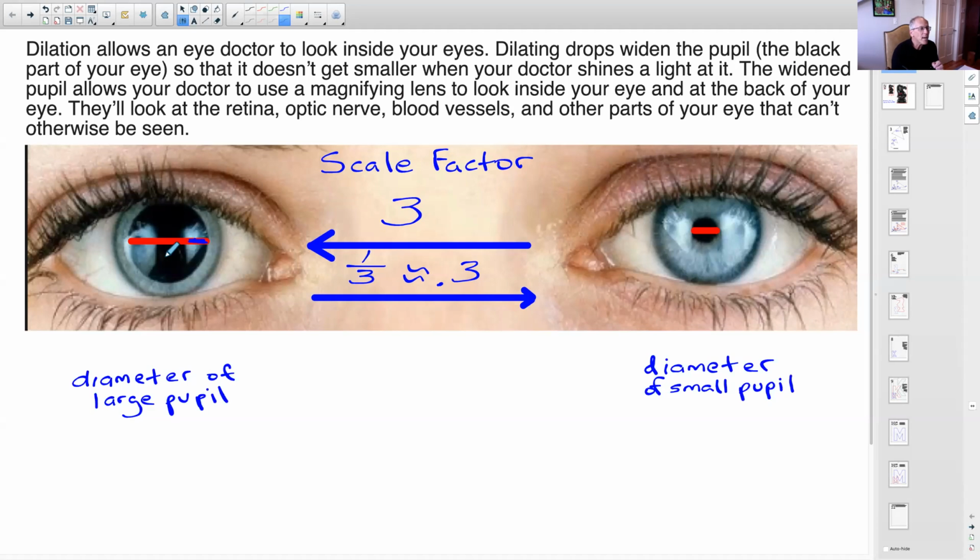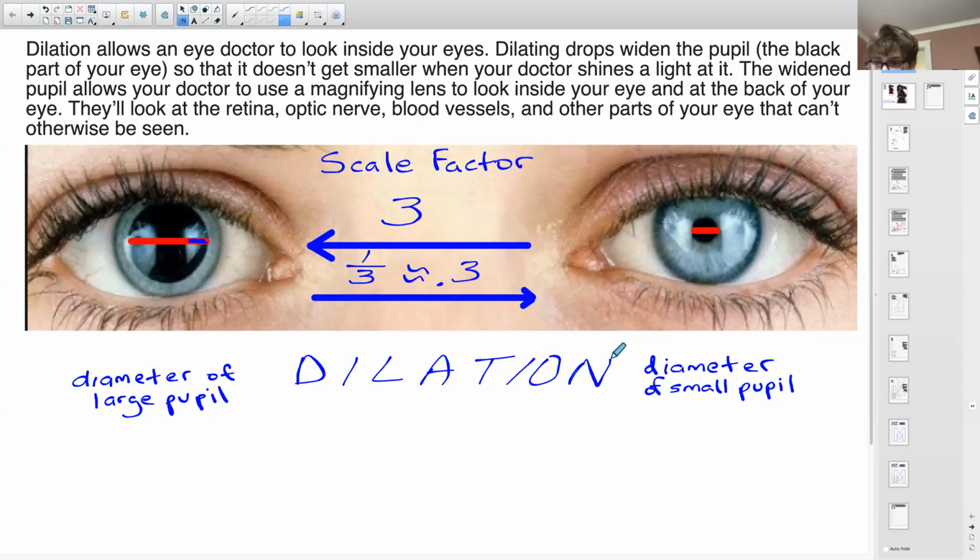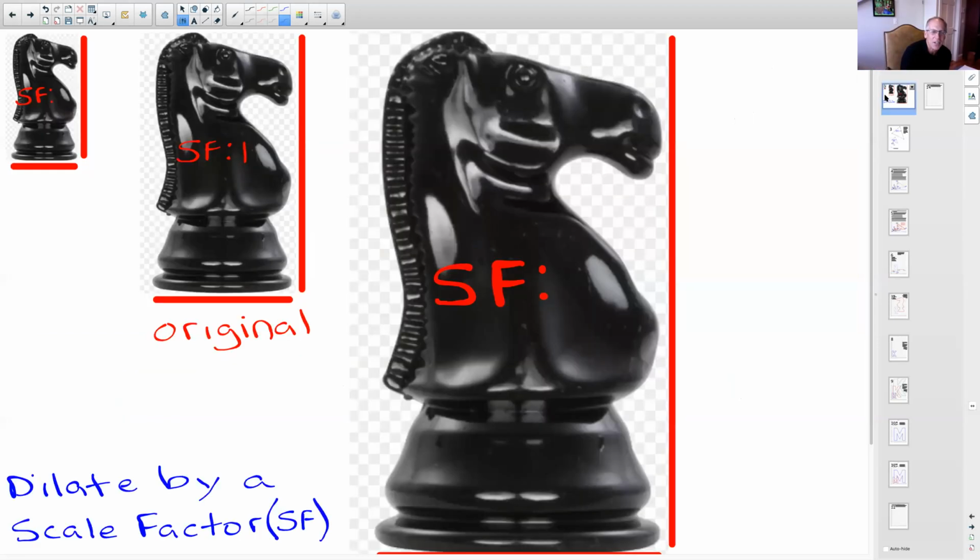And everyone, that's called a dilation. Everybody say this word. Dilation. And a dilation is to make things bigger or smaller.